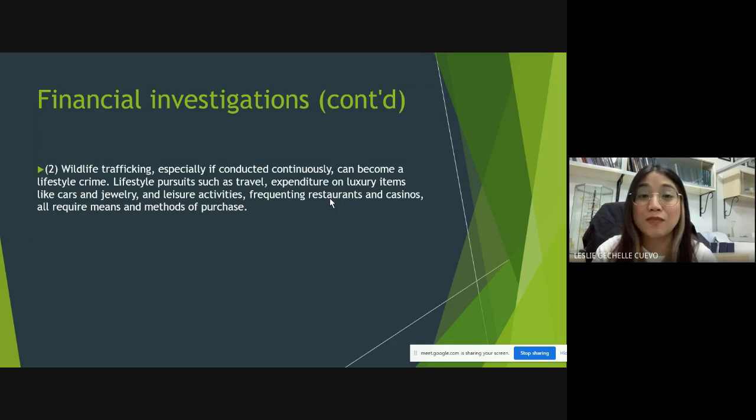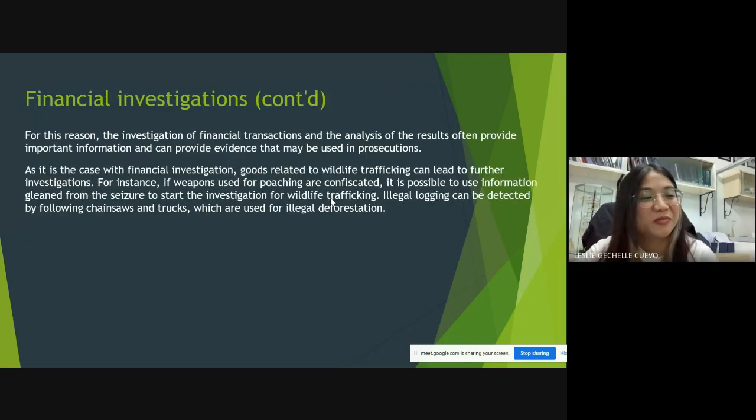Bili ka ng mga paintings na almost priceless na. Kaya yung pera na-convert siya sa material and then when you actually need the money, ibebenta mo na lang siya ulit. Ganun. So for this reason, the investigation of financial transactions and the analysis of the results often provide important information and can provide evidence that may be used in prosecutions.